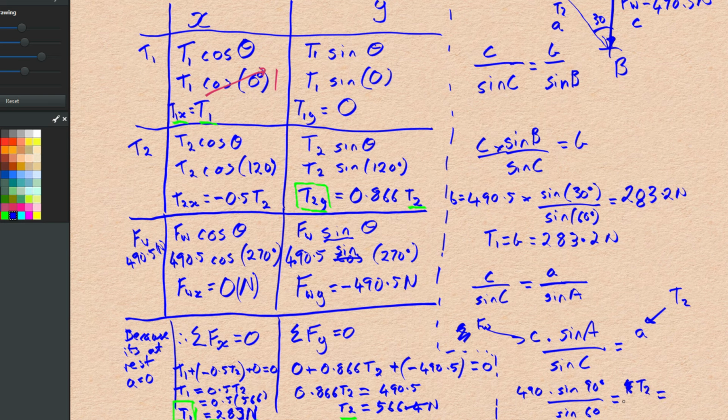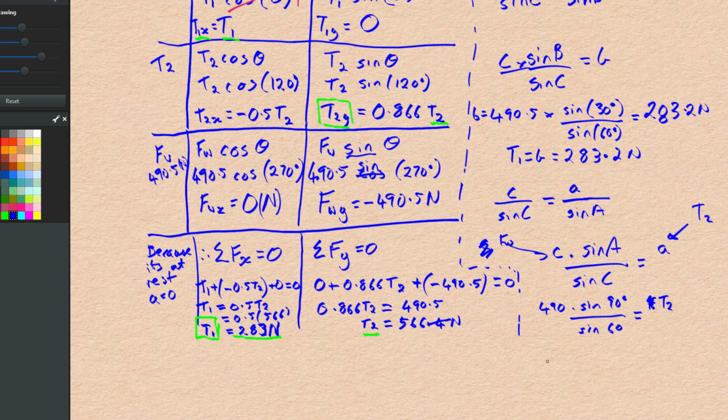And when I work out this number as an answer, let's do it correctly. Let's set a good example. Okay. Our calculator says 490.5, I missed the 0.5, times sine of 90, and then divided by sine of 60, gives us 566. T2 equals 566.4.